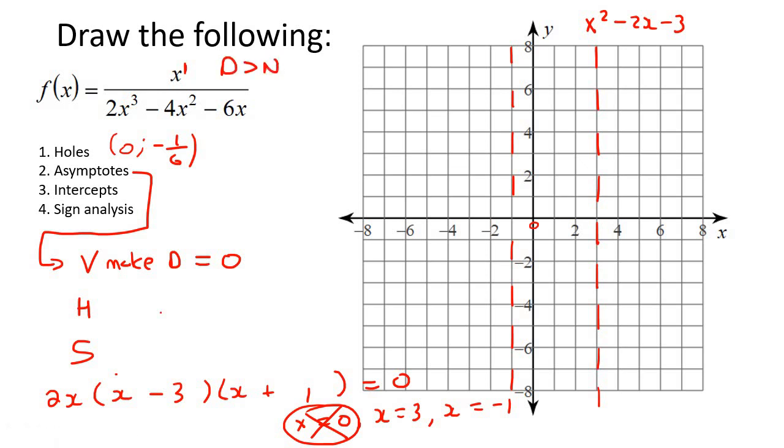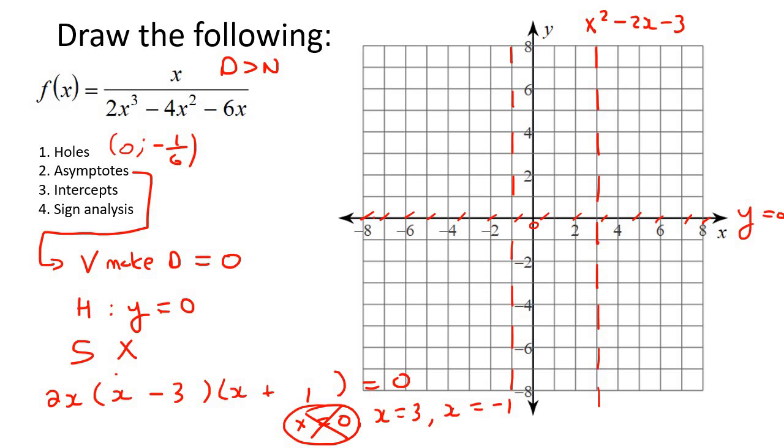So that means that the horizontal asymptote will be y equals 0. So we can go plot that. y equals 0 is a horizontal line, so I'm just going to do it like that so we can remember that there is a line there. And then for the slanted, there is not going to be one because the numerator exponent would have to be 1 larger than the denominator's, but that's not the case. So there is no slanted asymptote.